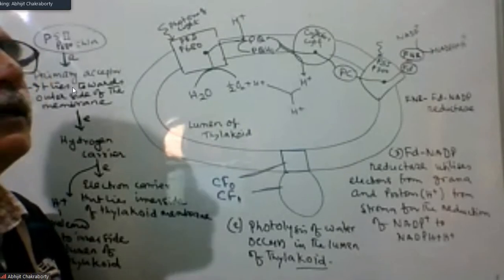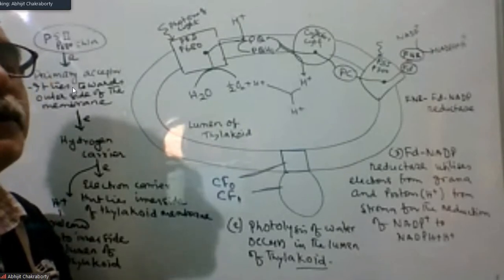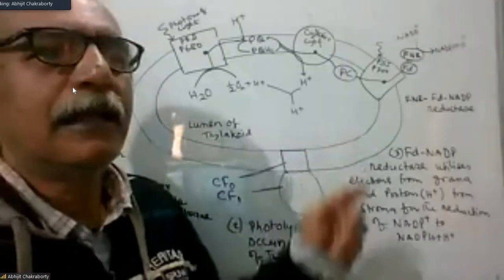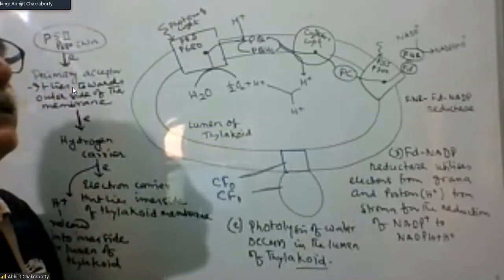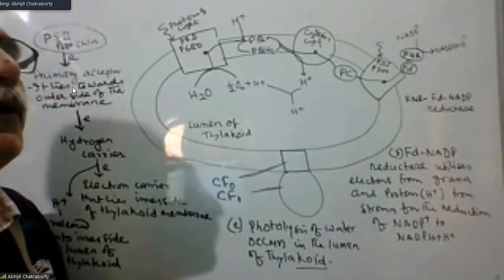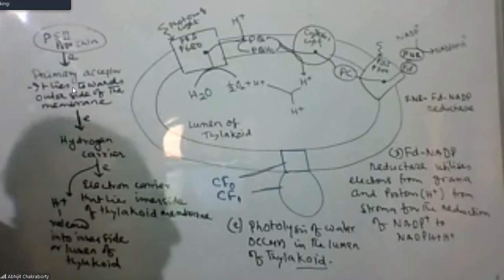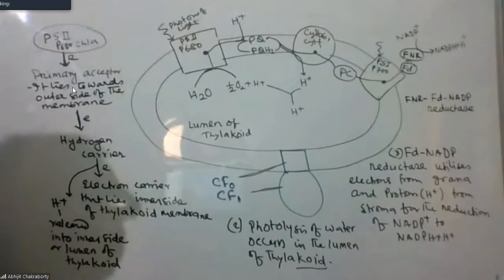The electrons are coming from the grana, but protons are coming from the stroma. As protons are taken out from the stroma, concentration of proton increases in the grana. And in these three ways, proton gradient is developed across the thylakoid membrane from the thylakoid lumen to the stroma. Is it clear?